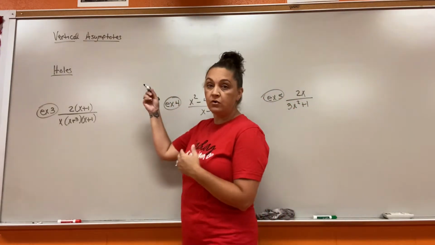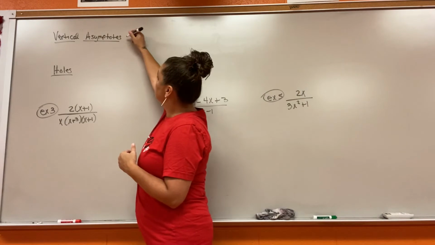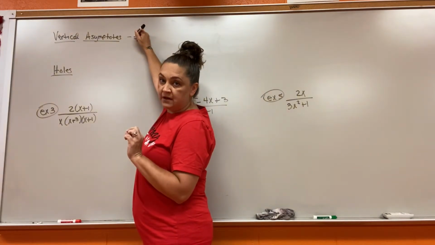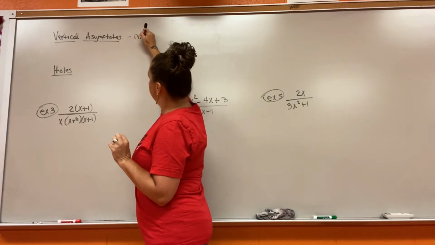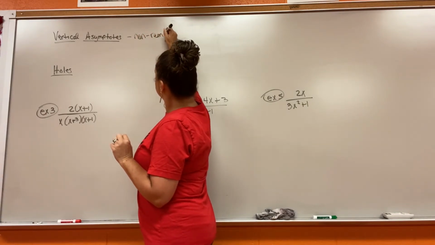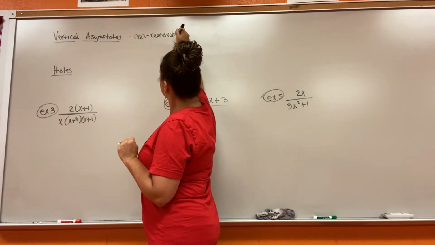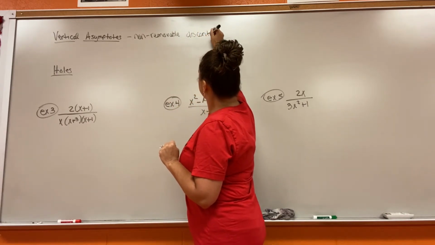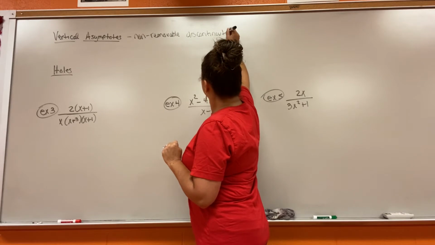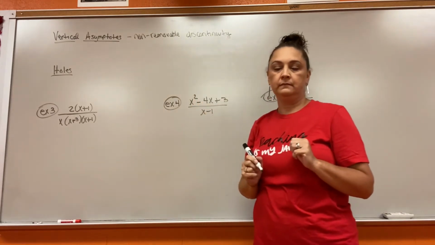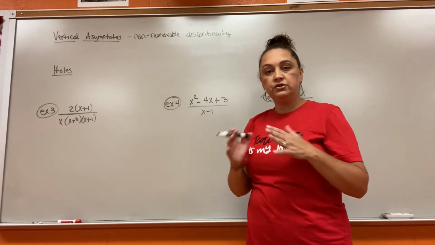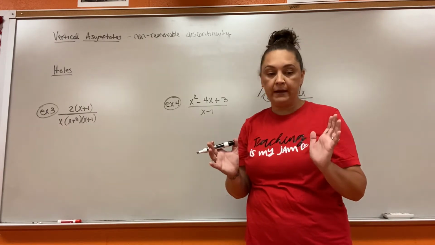Okay, so a vertical asymptote is the non-removable discontinuity type. It's non-removable. That's that thing where when you reduce your fraction, it doesn't go away.